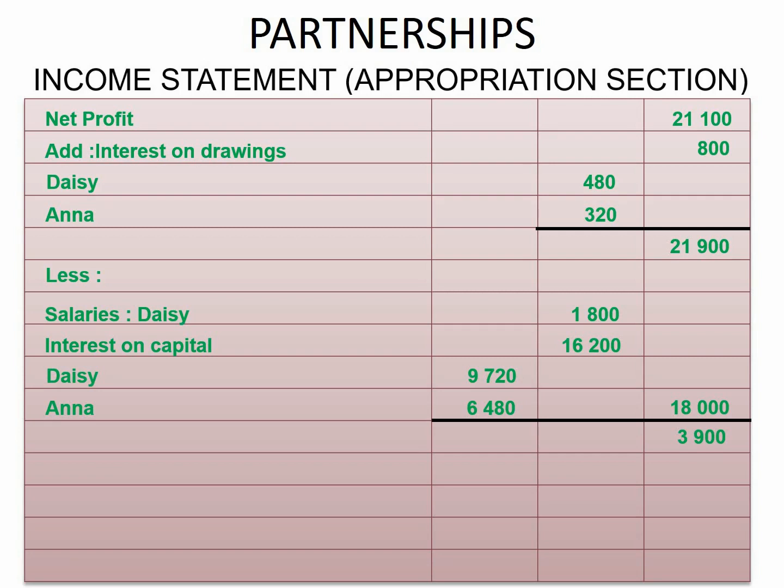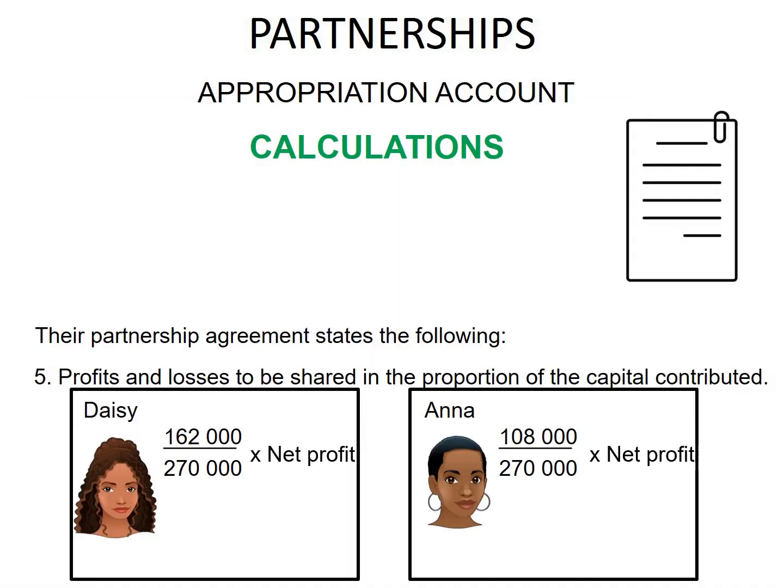So now we need to go back and calculate how much Daisy and Anna will receive. So now let's calculate how much profit Daisy will receive. Well, the net profit was 3,900, and if we calculate this, we will get 2,340.